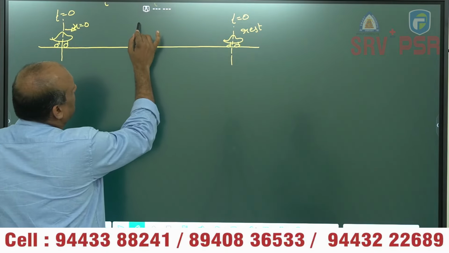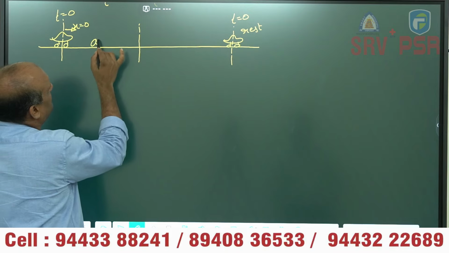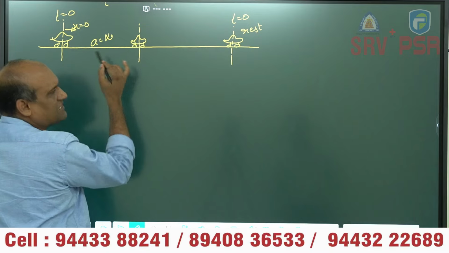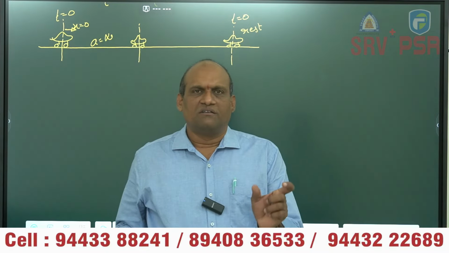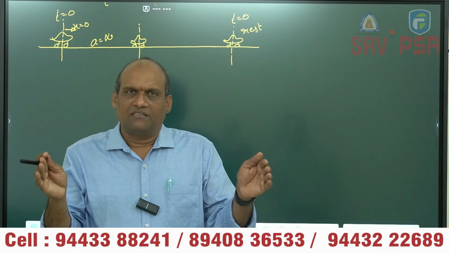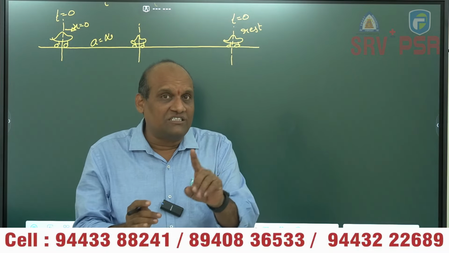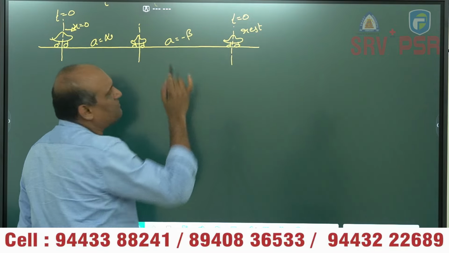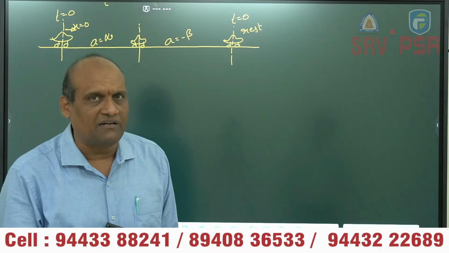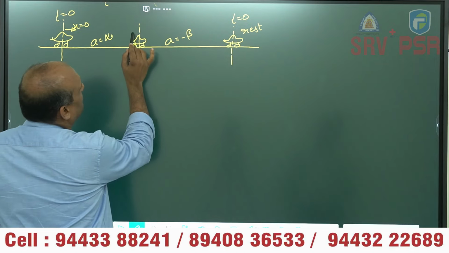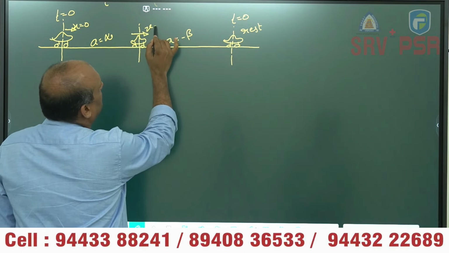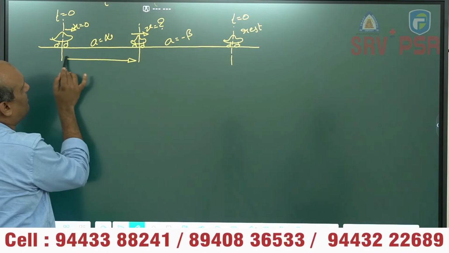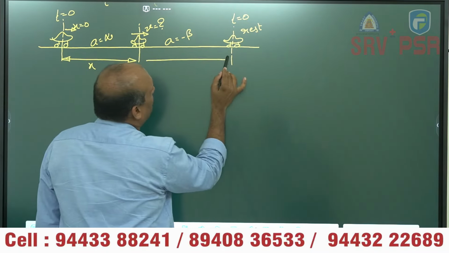It has accelerated for some time with acceleration alpha, I don't know the time. Total journey time is T. Some part of the journey is accelerating with acceleration alpha, and the remaining part decelerated with retardation beta. Retardation beta means acceleration is minus beta. Find the maximum speed of the car and the total distance covered by the car.